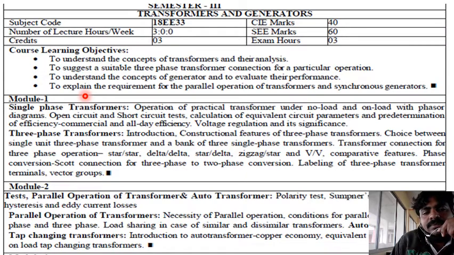Module 1 consists of 2 parts, that is single phase transformers and 3-phase transformers. Already you studied some basic aspects of single phase transformers in previous semesters, that is the constructional features, operating principle, types, and applications.